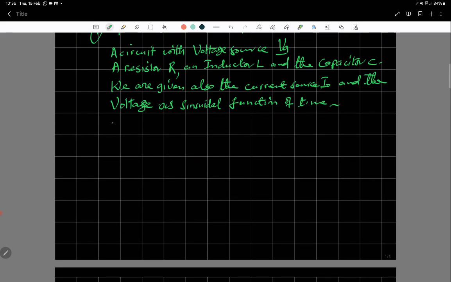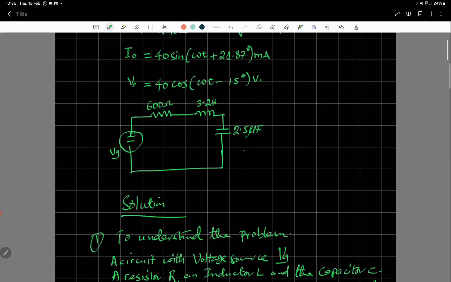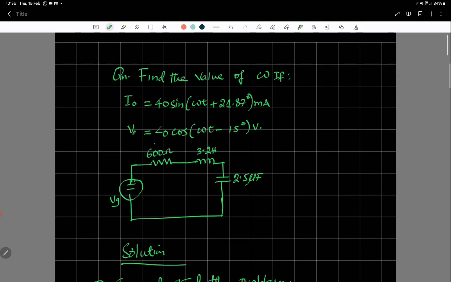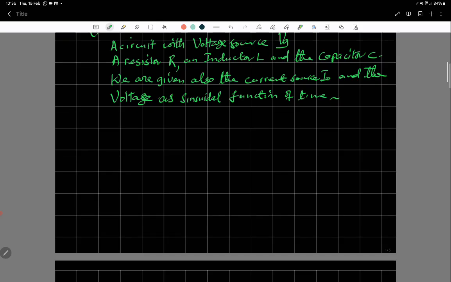So here, as you can see, our goal with this is to find the angular frequency. This is what we have been asked. So let us look at this.